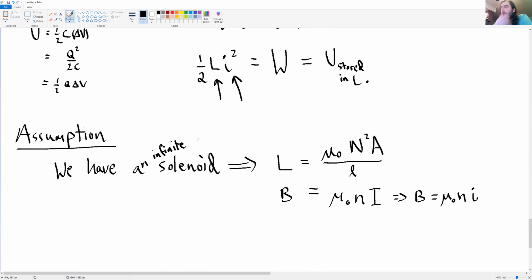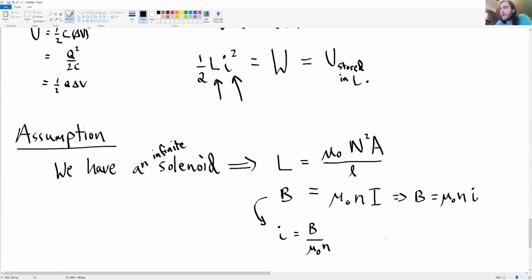So now what do we do? Well, we take these expressions and plug them into our equation for the energy stored in the solenoid. But if we just go in blind here, we're not going to get much out of it. So here are some modifications I'd like to make. First, let's rewrite this equation so that we have I equals B over mu 0 lowercase n.